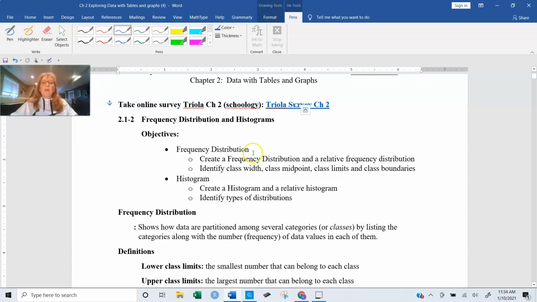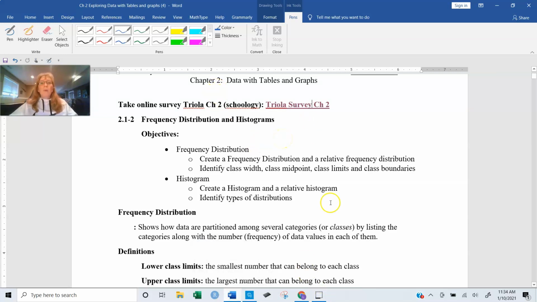Go to your Triola survey and take your Chapter 2. You should be able to get through it by using your Schoology website. So I would like you to have clicked on that and taken that survey.